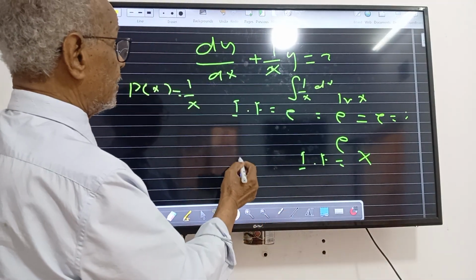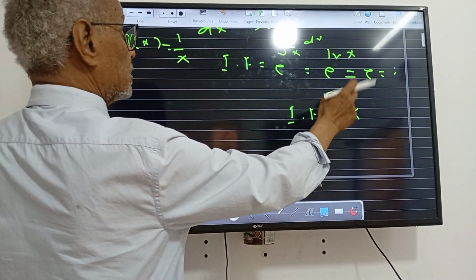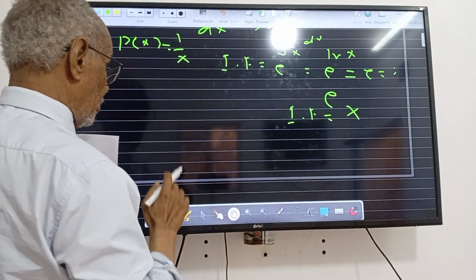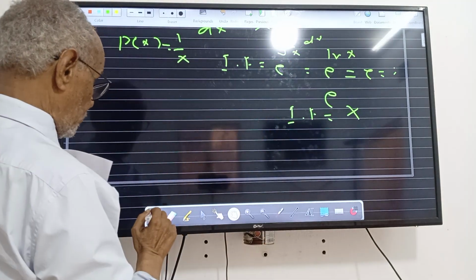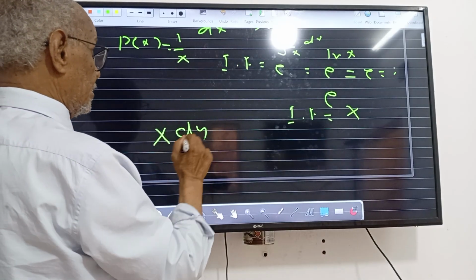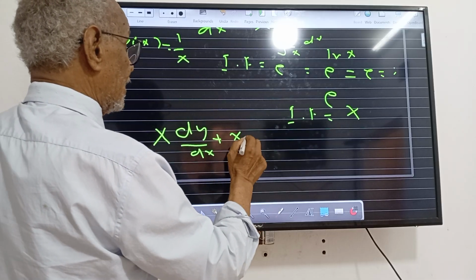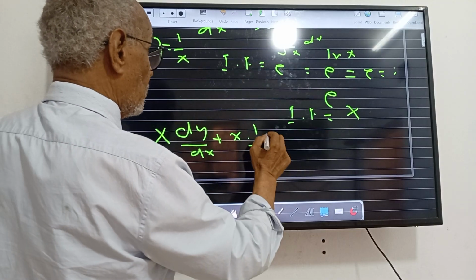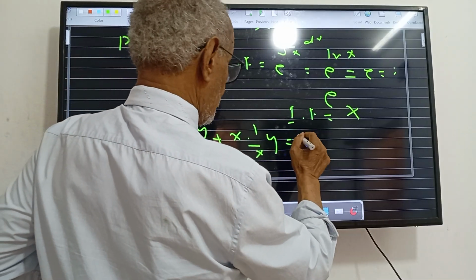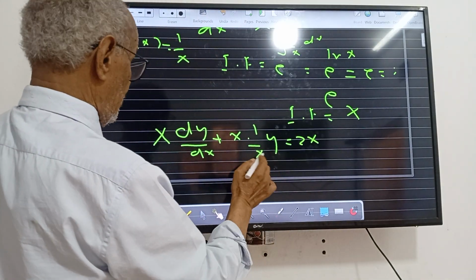So in this case, the second step is to multiply this integrating factor by all terms of the original differential equation. So we will get x dy over dx plus x times 1 over x y equals 2x.